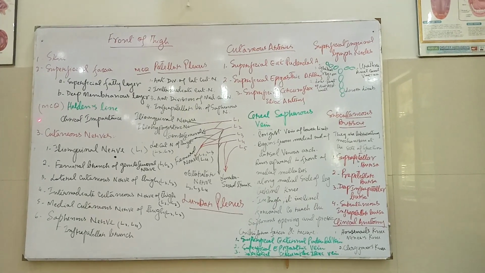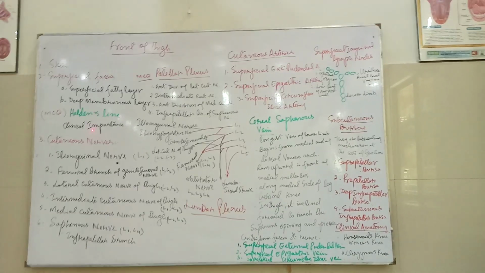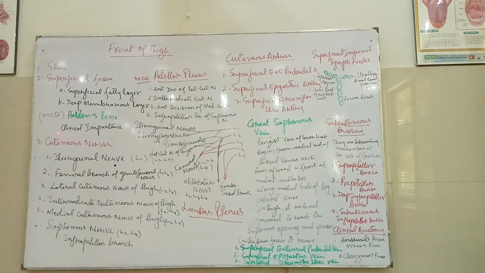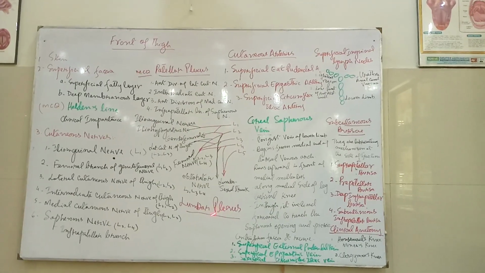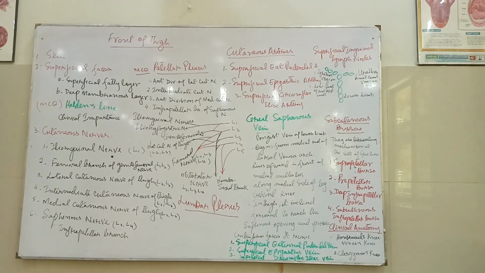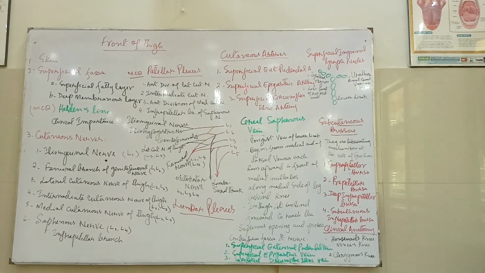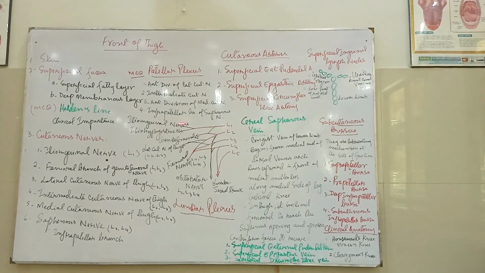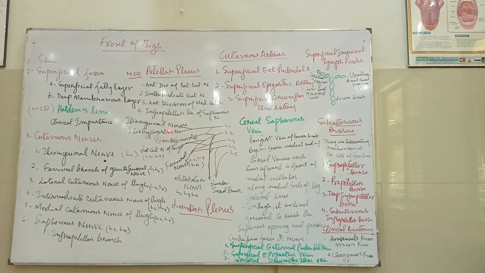Then after the superficial fascia are the cutaneous nerves in the anterior compartment. For these cutaneous nerves, you can also draw a diagram of the lumbar plexus. These cutaneous nerves are the ilioinguinal nerve, which is L1. L1 is divided into two parts, ilioinguinal and iliohypogastric.